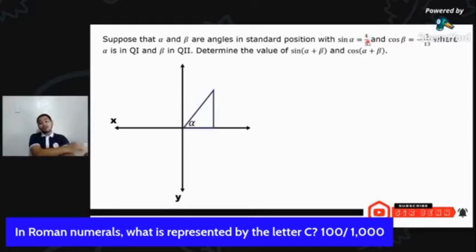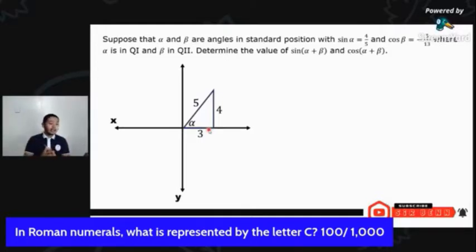Applying the trigonometric ratio, 4 is the opposite side of alpha, while 5 is the hypotenuse. To identify the measurement of this side, we use the Pythagorean theorem. Applying that theorem, we get 3 for that side. So the first triangle is already complete.